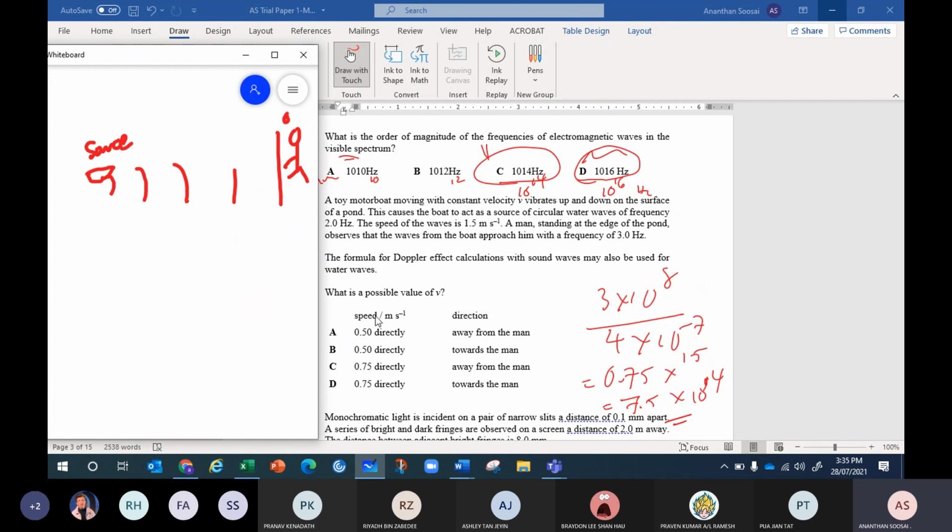They're asking what is the speed of the motorboat. Is the motorboat moving towards the person or moving away from the person? The frequency of the observer should be the speed v plus or minus the v of the source, times the frequency of the source, right?